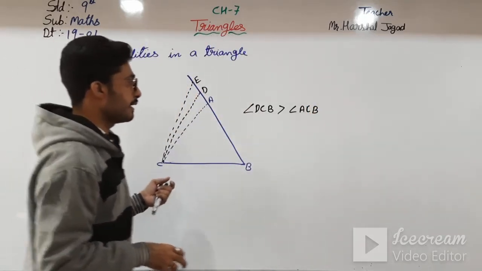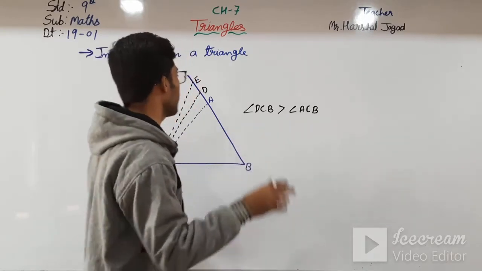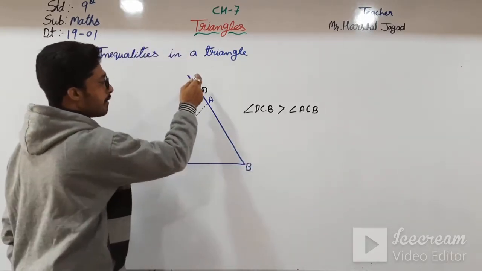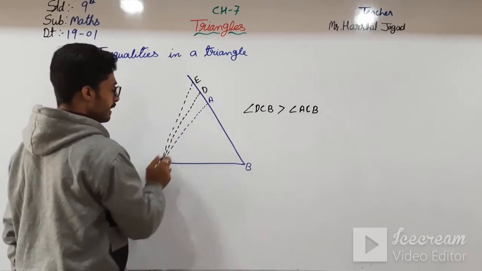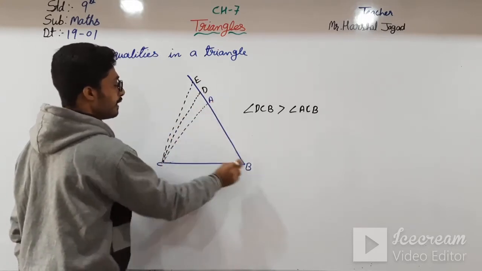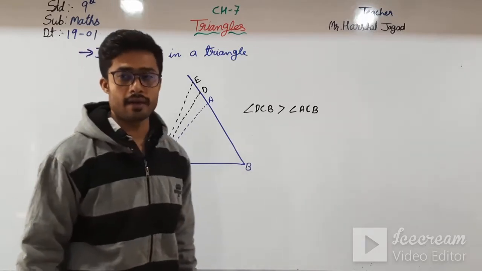We can say that this is greater than this, and also we can say that angle ECB is greater than angle DCB and ACB. We can tell that also.